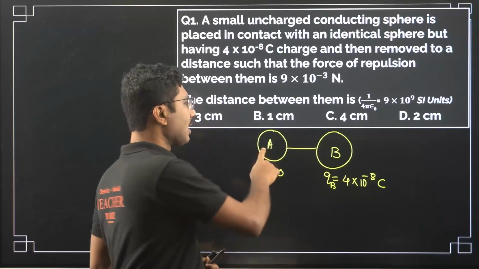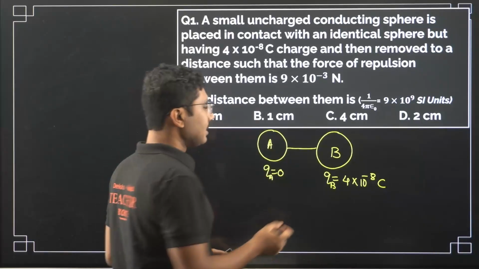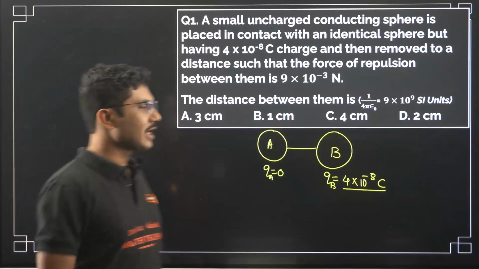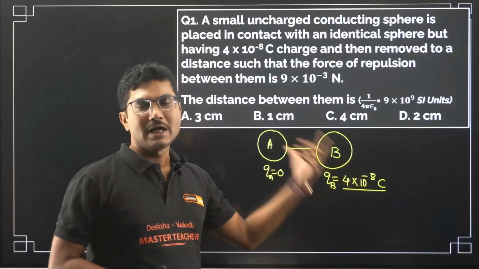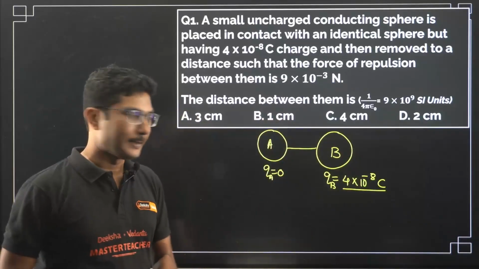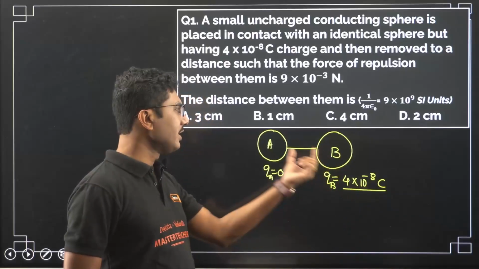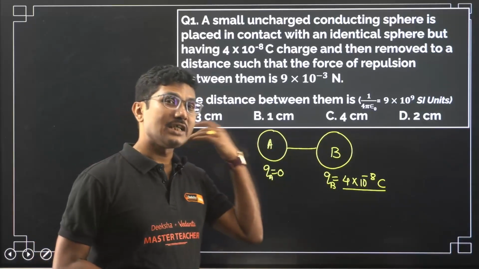So if you connect them, if you touch them, this is the total charge. Now conservation of charge says that you cannot create or destroy the net charge. So this is the net charge. This amount of charge will remain the same, but some of this charge will be transferred to object A, which was initially uncharged.